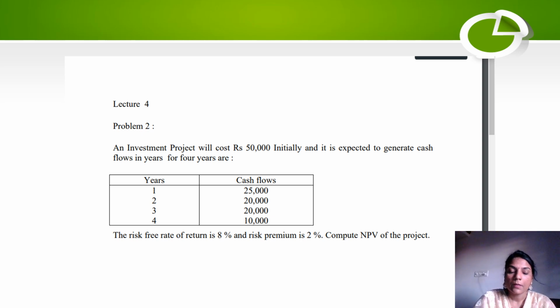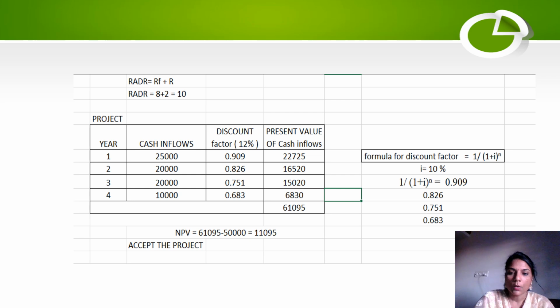They have given the risk-free rate of return as 8% and the risk premium as 2%, and you need to calculate the NPV of the project, whose cost is 50,000. I have worked out this problem.